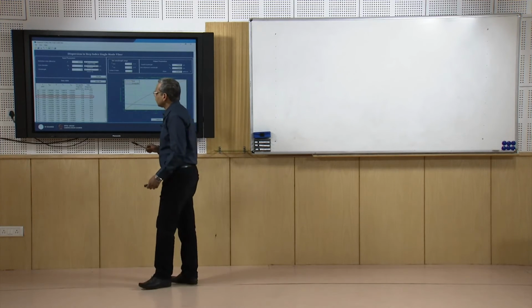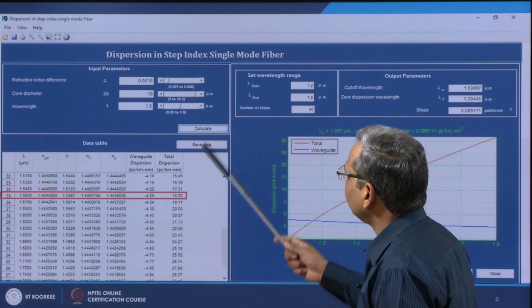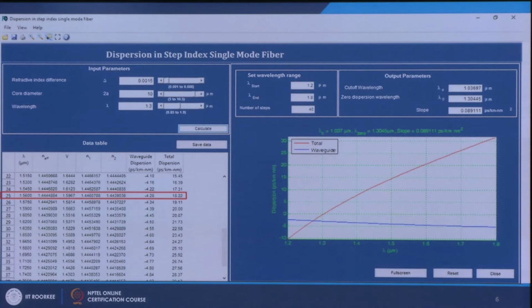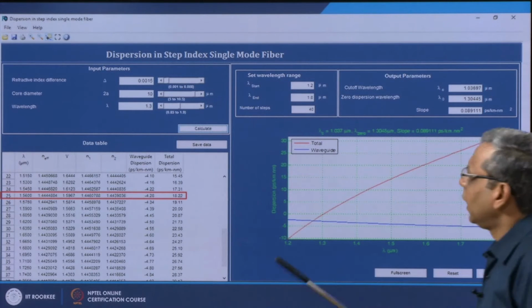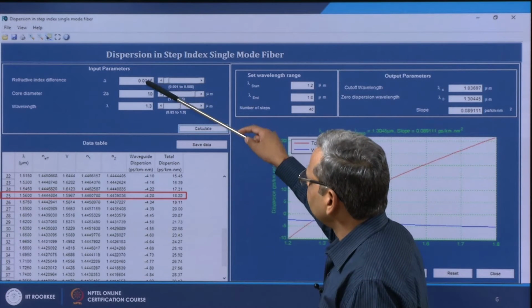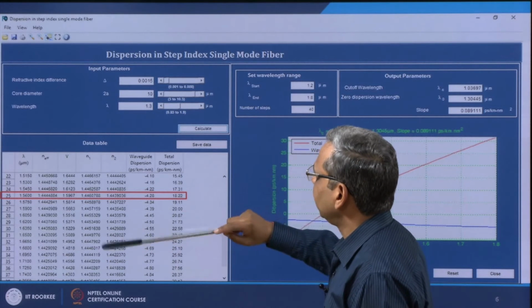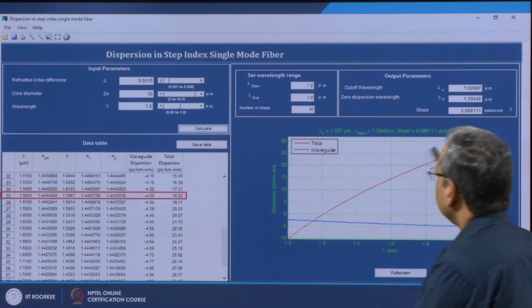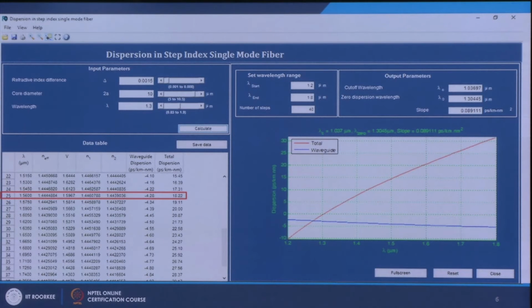In order to demonstrate this, I take numerous examples now. This is from the software LightSim, where I can change the relative index difference delta, I can change the core diameter, and then see what happens to dispersion.